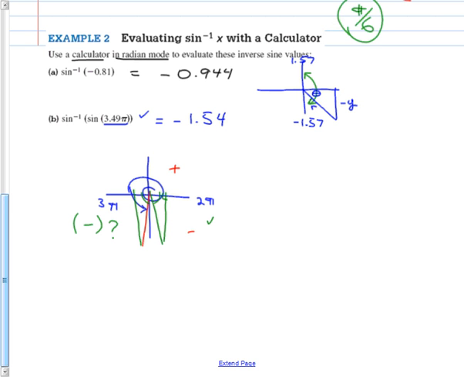So what I really have, this is, let's see, can you tell me the size of that related angle if it's 3.49 pi? How big is that? Remember, it's 3 pi when I get here.